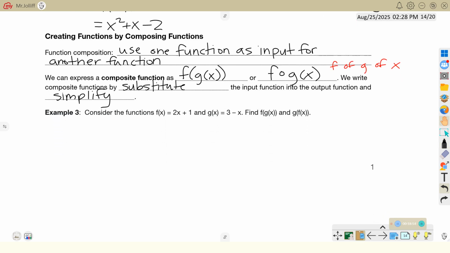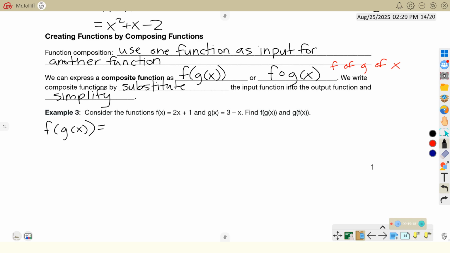So it says, consider the functions f of x equals 2x plus 1 and g of x equals 3 minus x. Find f of g of x and g of f of x. So we will start with f of g of x.